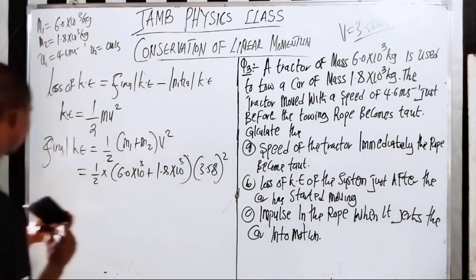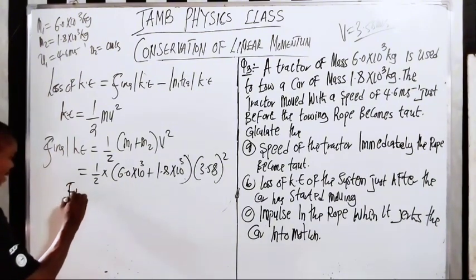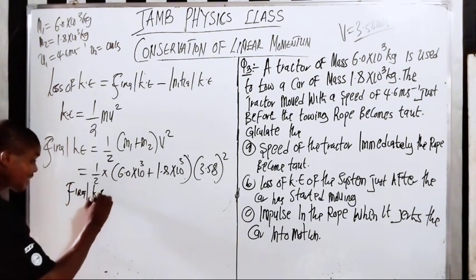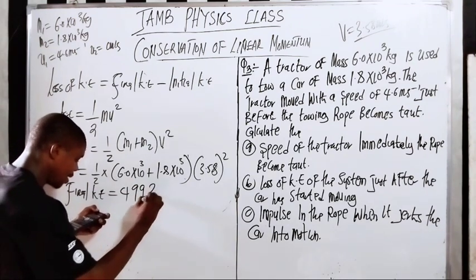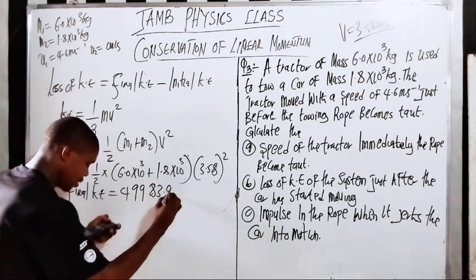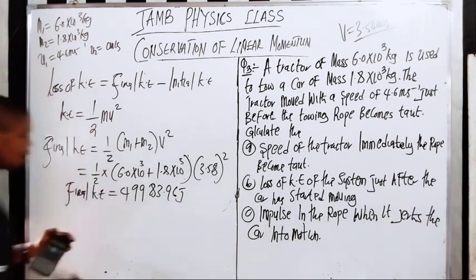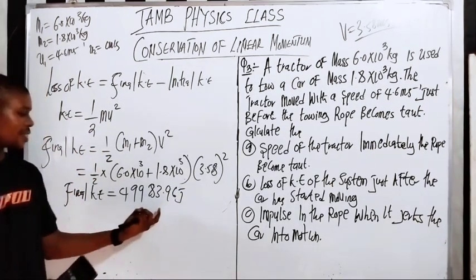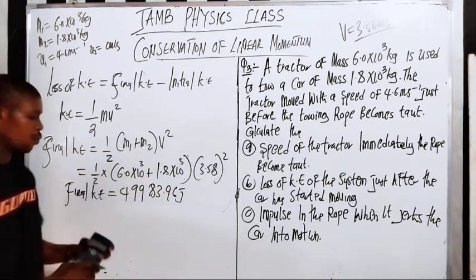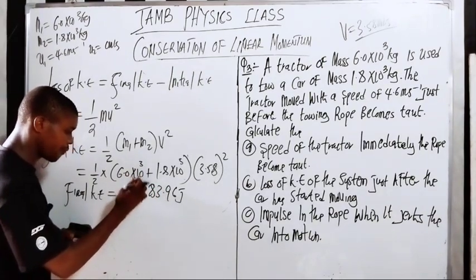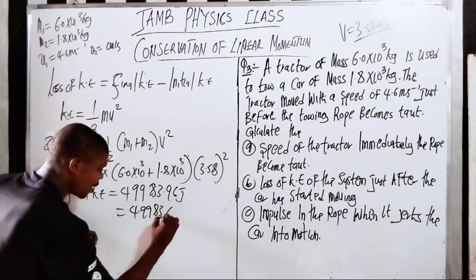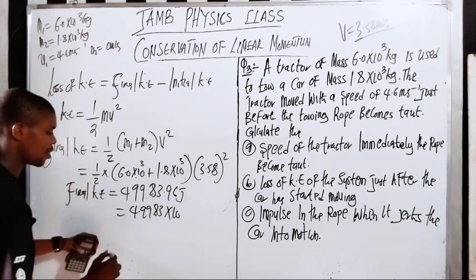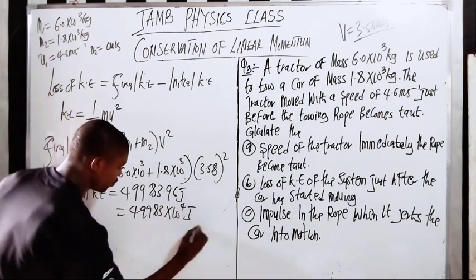My final kinetic energy is going to be 49983.96 joules. You can express it in standard form as 4.9983 × 10^4 joules.